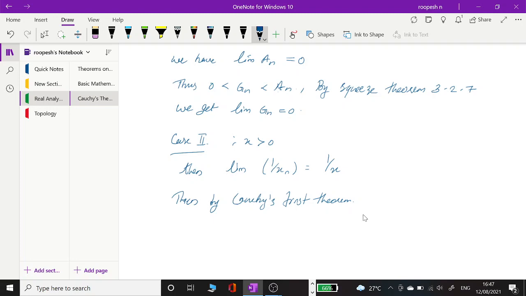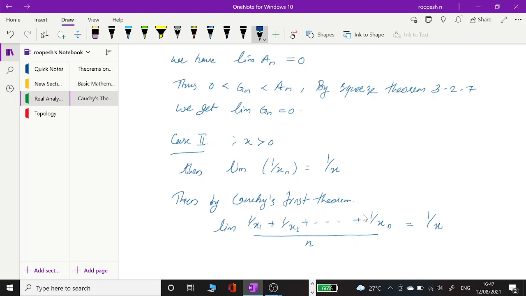Sum of this by n, right? Limit of 1 by x1 plus 1 by x2 plus etc. plus 1 by xn, all divided by n, equal to 1 by x, right?